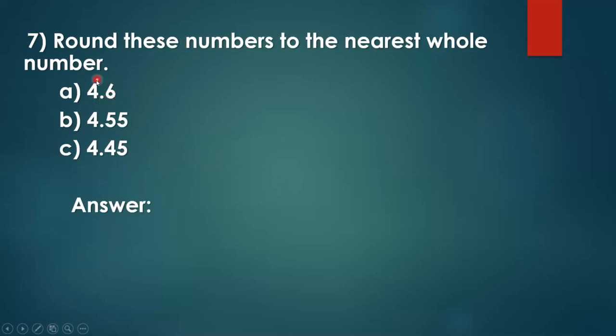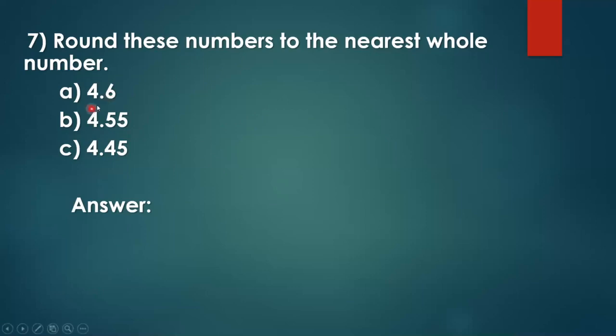Just consider the number after the decimal point. Here it is 6. If the number after the decimal point is 5 or above 5, you can round to the next whole number. If it is less than 5, just round it to that particular number itself.